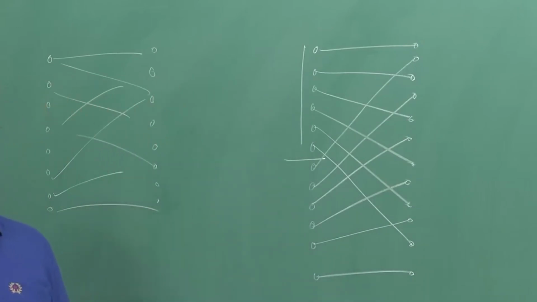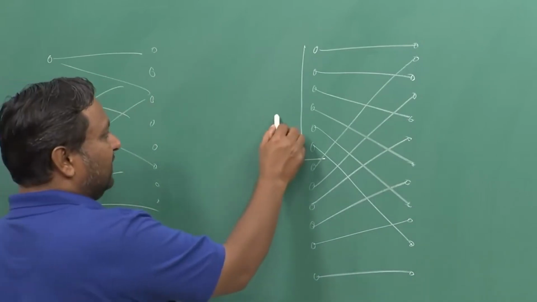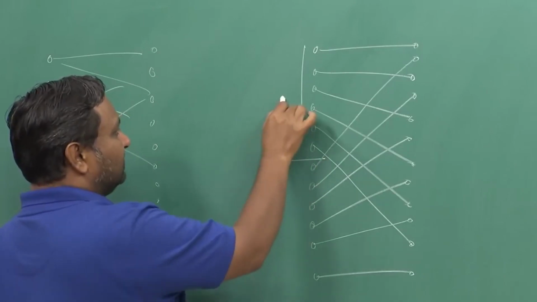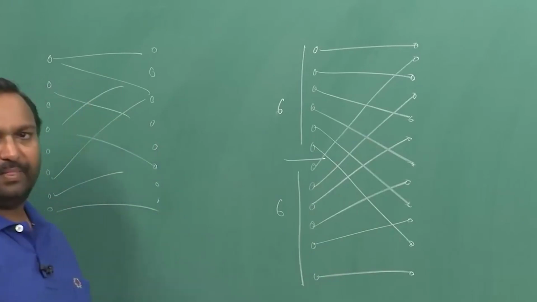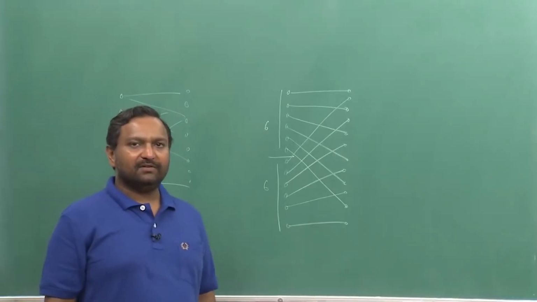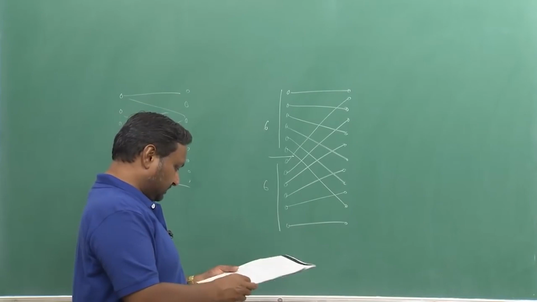And that is the shuffle interconnection. I have created 2 batches, 6 objects here and 6 objects here, and I shuffled them together. So it is a binary shuffle which has been created for 12 objects.